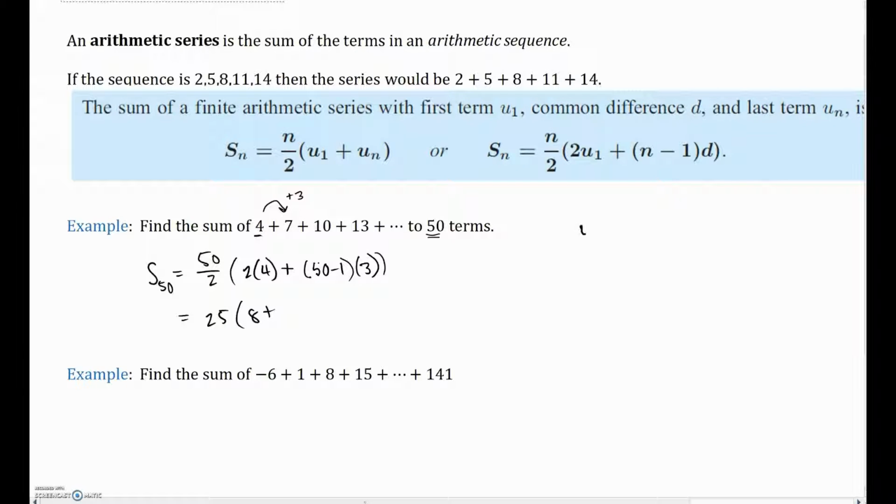Anyone know 49 times 3? I see 120 and I see 27, so 147. So 147, and then if I add that together and multiply by 25, I get 3875. And that is what all those terms would add up to. So if you add up that list of 50 terms, it would add up to 3875.